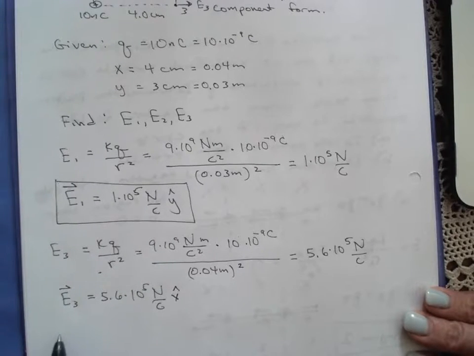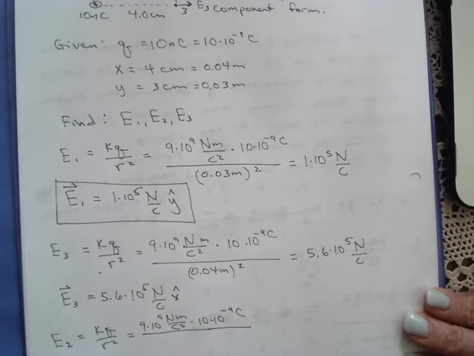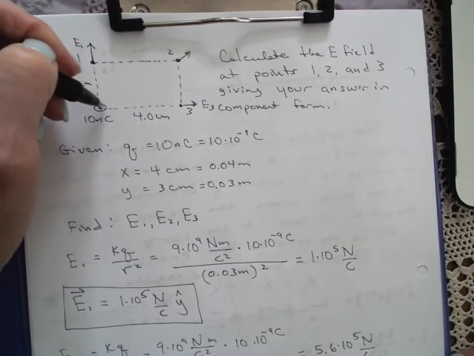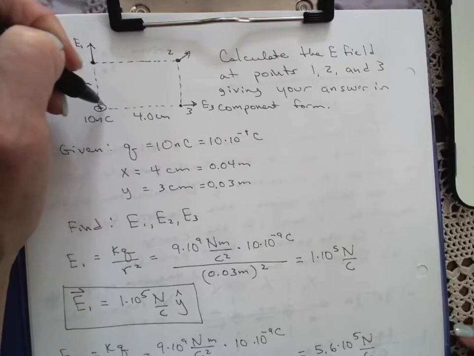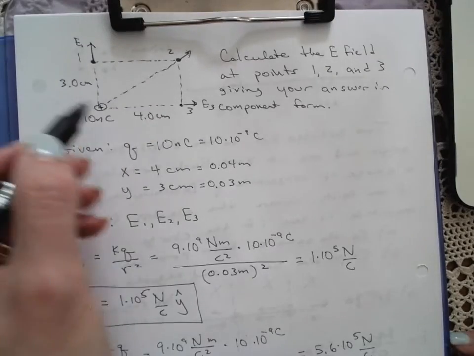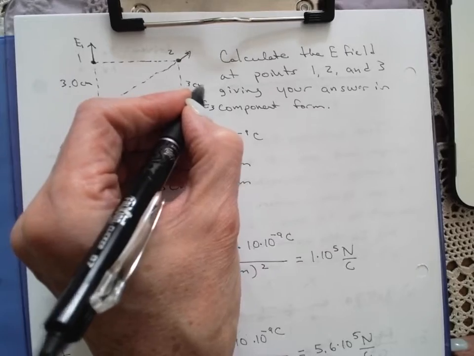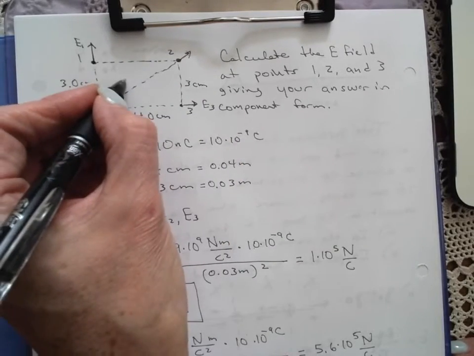And then for E2, I'm going to have kQ over r squared again. That's going to equal 9 times 10 to the 9th newton meter squared per coulomb squared times 10 times 10 to the negative 9 coulombs. And now my length here, my r, is going to be the hypotenuse of this triangle. If this side is 3 centimeters and this side is 4, then this side is going to be 5 centimeters.